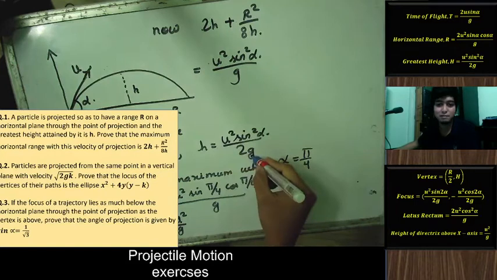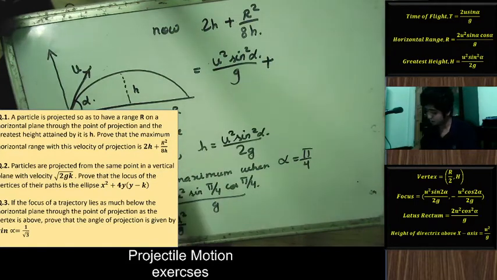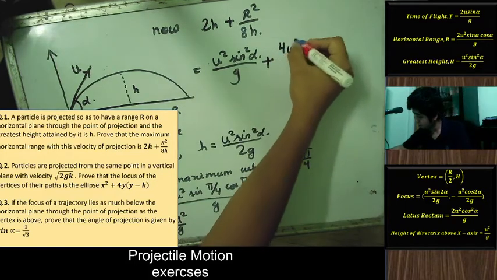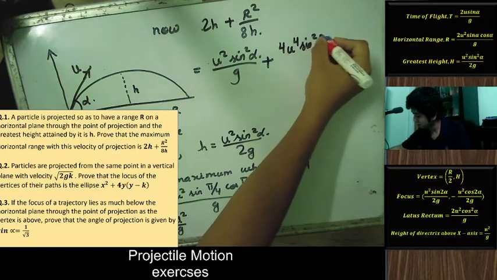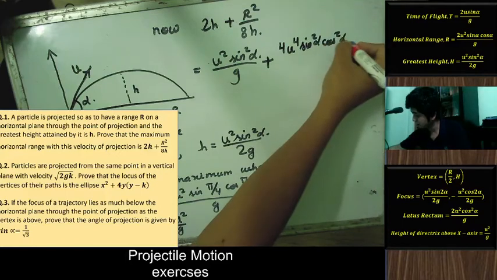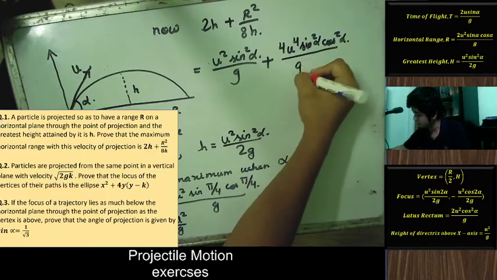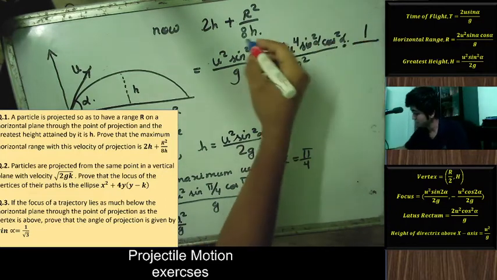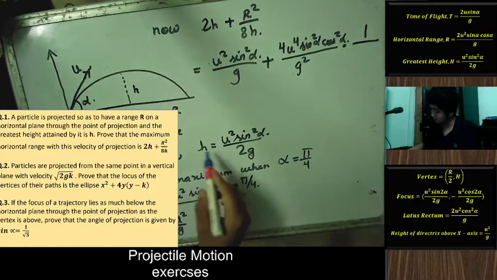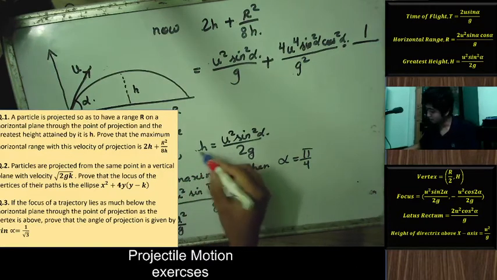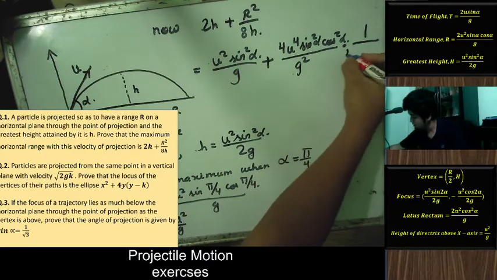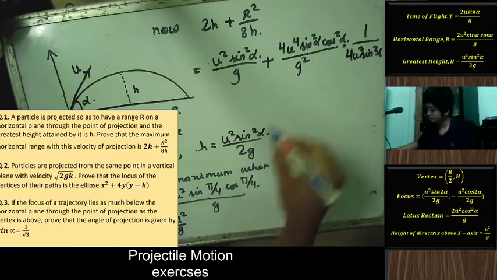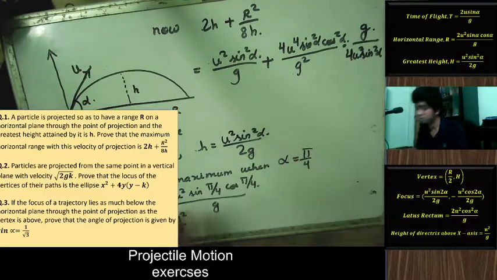Plus r squared, which will give 4 u power 4 sine squared alpha cos squared alpha upon g squared, times 1 by 8h. 8 times h will be 4 u squared sine squared alpha upon g, which is in the denominator.